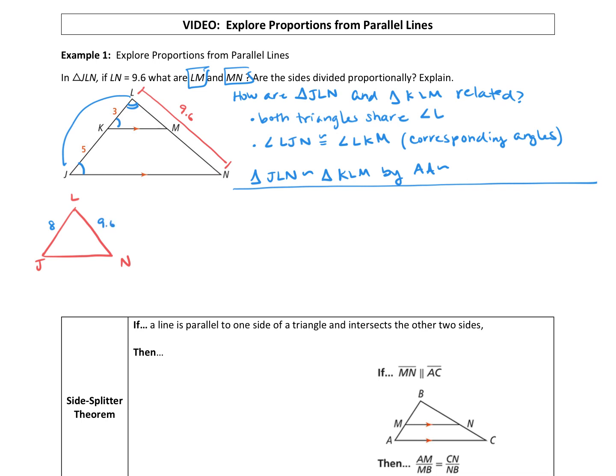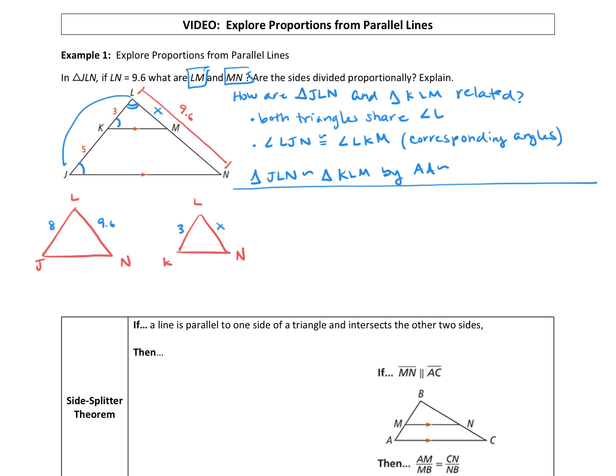And then our other triangle that is similar to this is KLM. I am drawing them with all the corresponding parts lined up, so it's easy to work with. In this triangle, we know that KL is 3. We don't know what LM is, so I'm going to just call that x for right now.